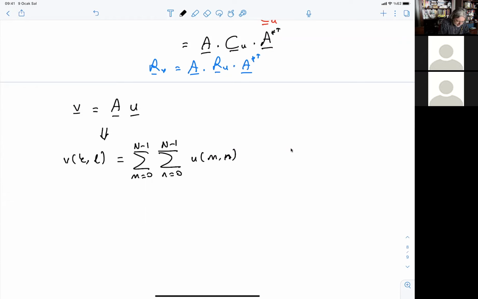Now, at the right-hand side, we can write it like A sub K and L of M and N. So essentially, we don't have a matrix here. We have a 4-dimensional entity, which can be considered as a tensor or something like that.